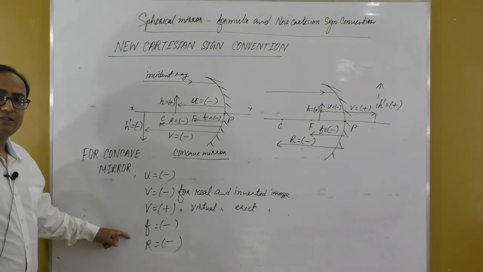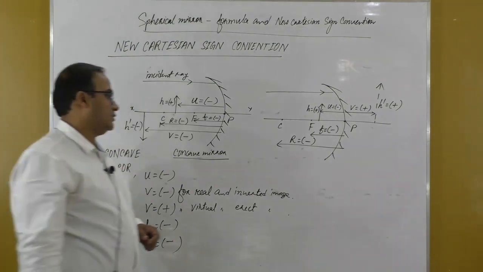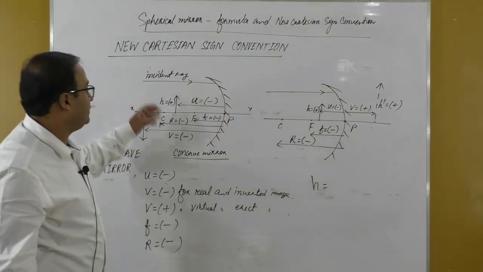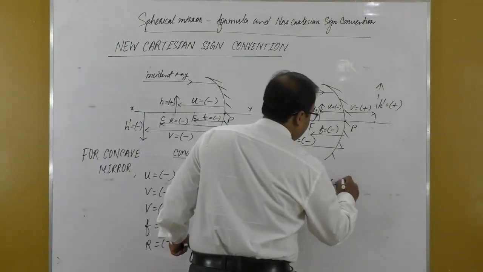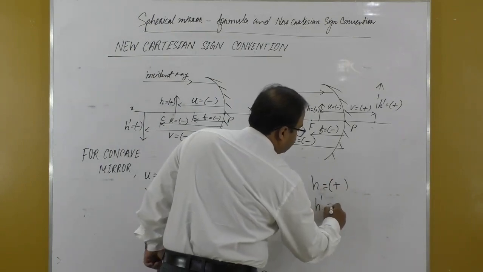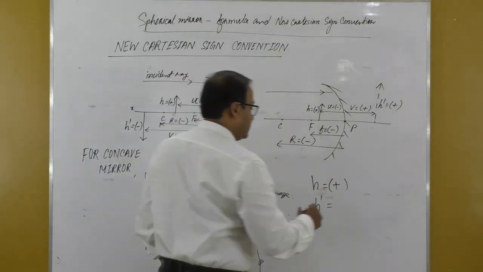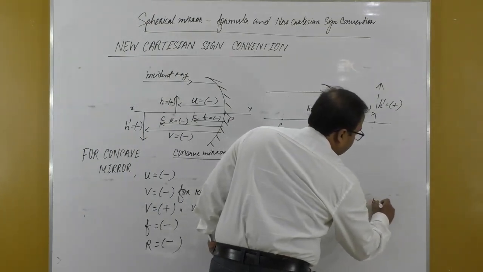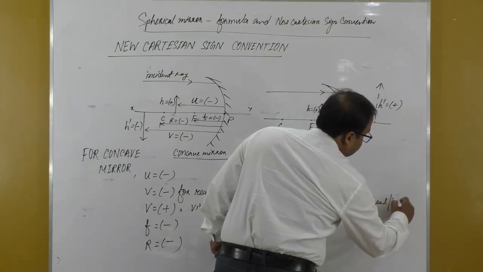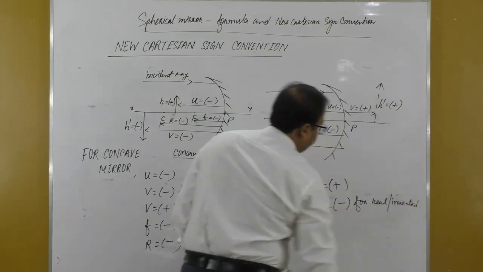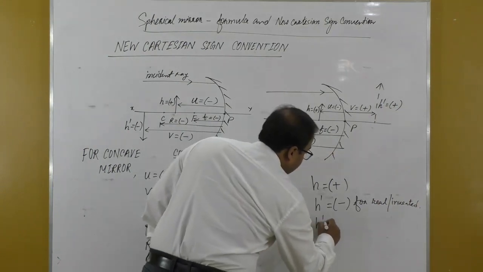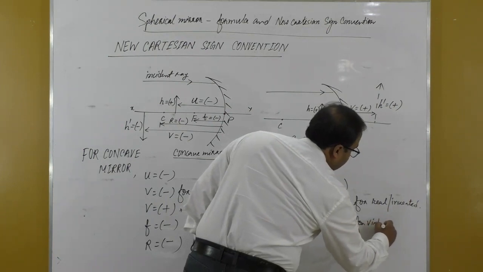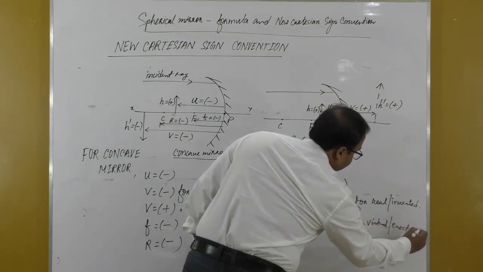While solving numericals you will have to apply this sign convention. If asked what the sign convention for height of object is, it is always positive. Height of real image, h dash, is negative for real and inverted image, and h dash is positive for virtual and erect image.